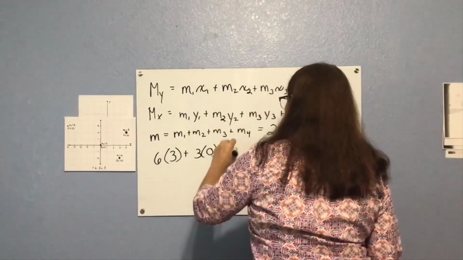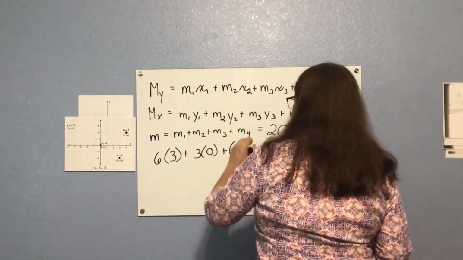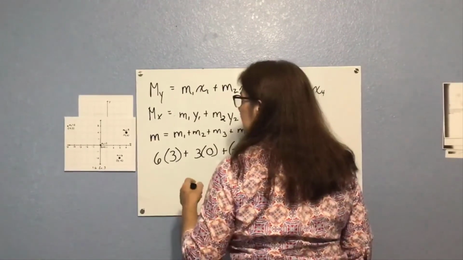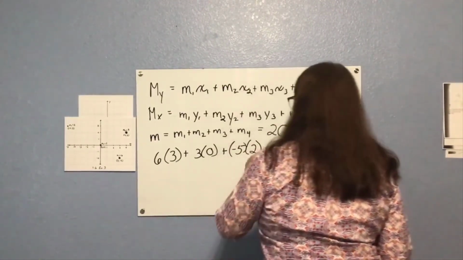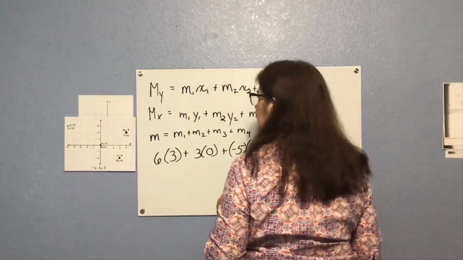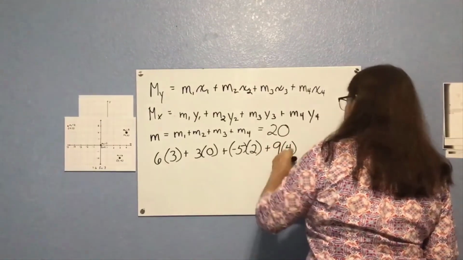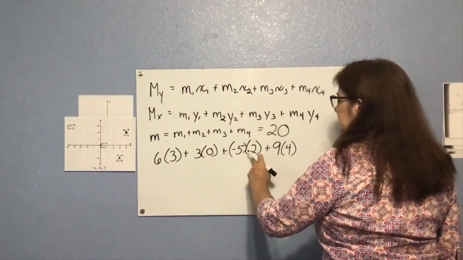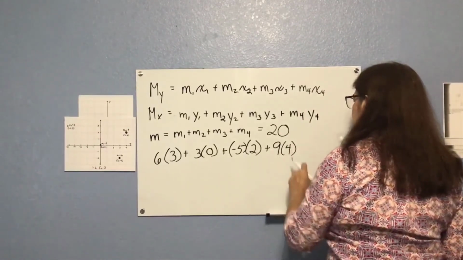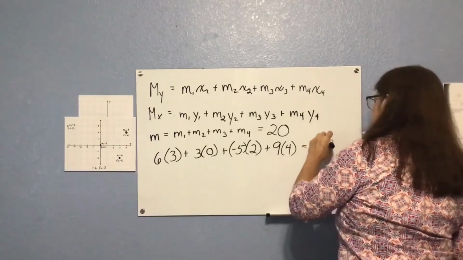M3 is negative 5 times 2. And then M4 is 9 times 4. So this is 18 minus 10 gives us 8, plus 36 gives us 44.